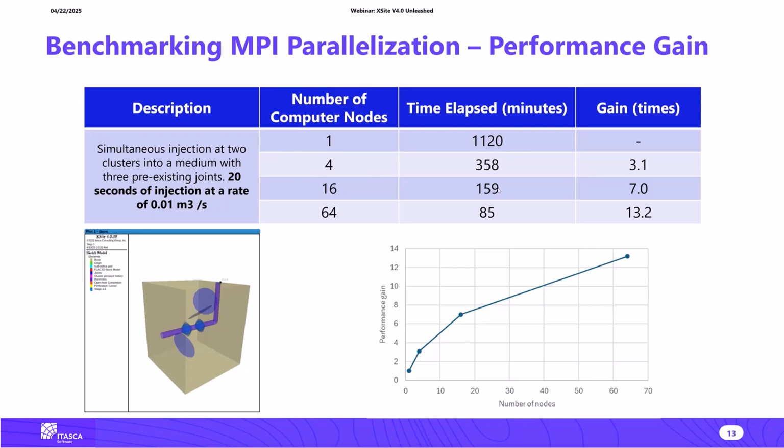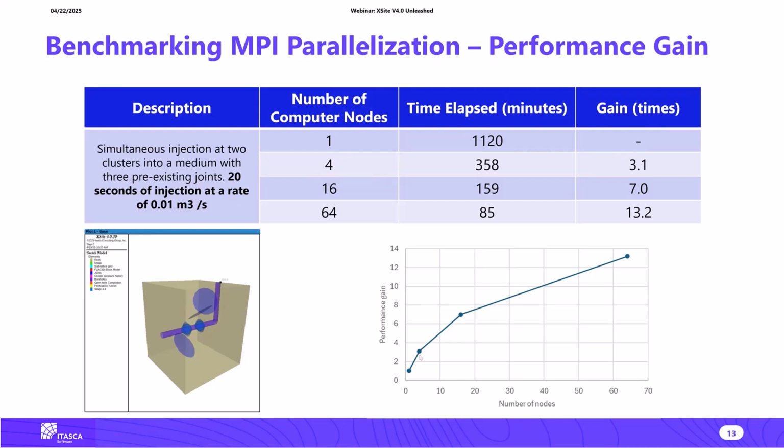So here in the table, again, we show the simulation time and the computation performance gain compared to the single node as a function of how we decompose the model and the number of computer nodes used for the simulation. And the results of the performance gain as a function of number of nodes are also shown here in a chart.